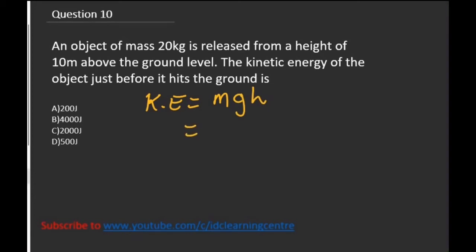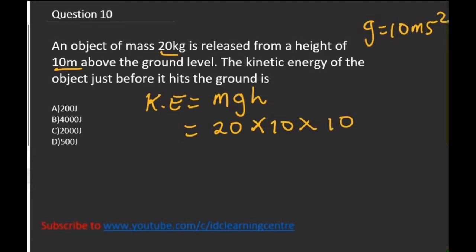So the mass here is 20 times acceleration due to gravity, which is 10. It's always 10 meters per second squared, a constant. Take note of that. I've said that earlier. Times the height, which has been given as 10 meters in the question. So, my answer will be 2000 joules, which is C.